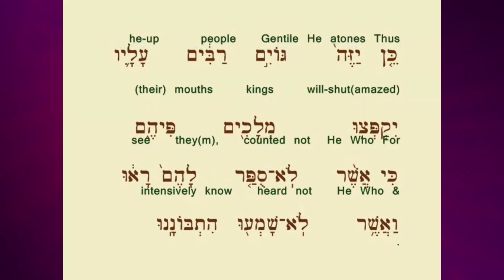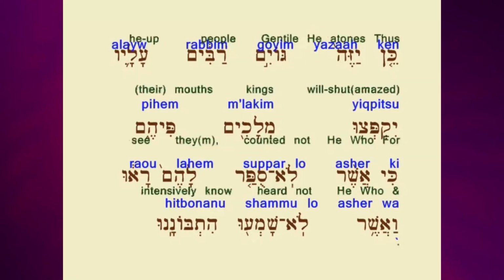Let's go back. Yazeh and Yikpitzu are in the imperfect, Qal imperfect for Yikpitzu, which is Kafas, and then Yazeh is the Hifil imperfect of Nazah.